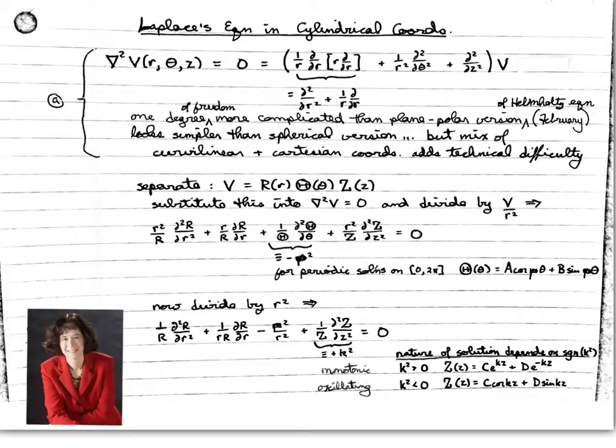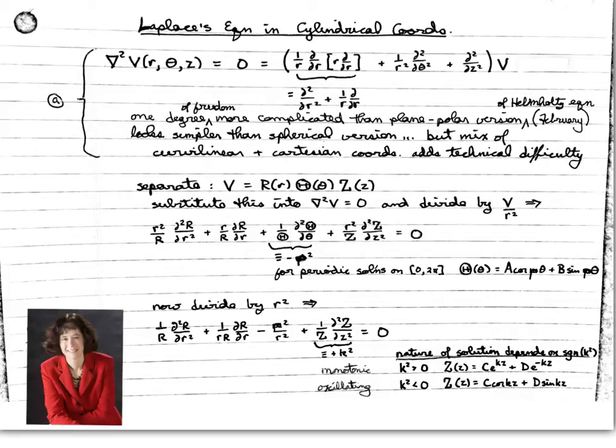It's a little more complicated than looking at the Helmholtz equation in plane polar coordinates, which we did earlier in the class, because in addition to the r and theta terms, we've added one more degree of freedom. But it's not directly coupled into the others through factors of r and theta, so it doesn't look too bad.